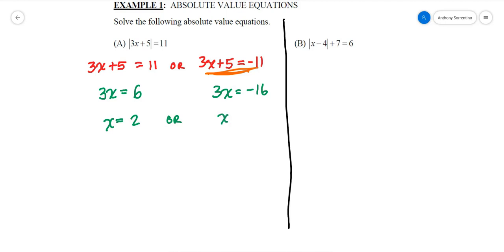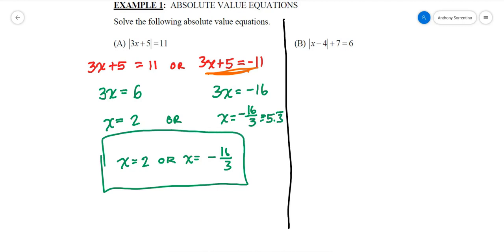Doing it on the right is a negative 16 thirds, which is pretty much the same as negative 5.3 repeating. So, I could say that x equals 2 or x equals, I'll just leave it at the negative 16 thirds. And that would be my solution set.